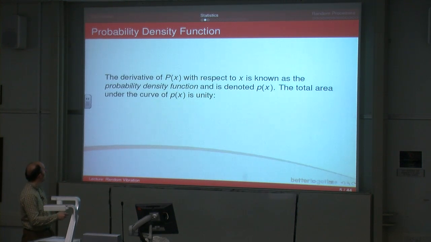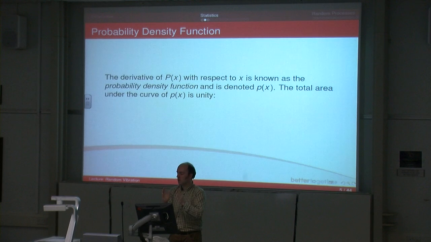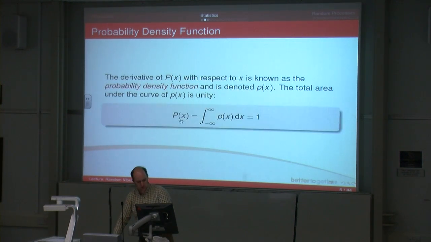So therefore, the total area underneath the curve of a probability density function is always going to be 1, because the idea is that it represents the chance that you're going to get a value underneath that curve. Obviously, that curve will represent any value you get, so the chance you get a value underneath the curve is 1. But you can separate the curve into smaller chunks, and then you can work out what the chances are that you're going to fit in a certain area of that curve.